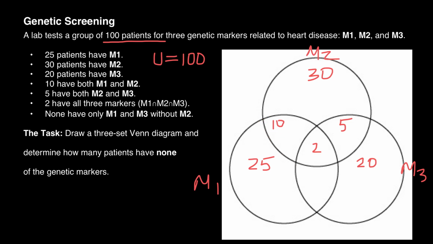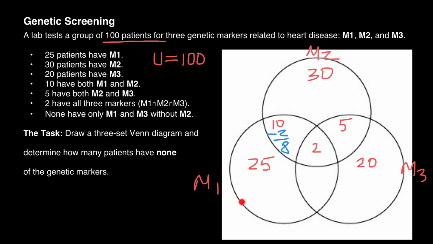It's obviously going to be 10 minus 2, which is 8. And this 8 is going to stand exclusively for this intersection here.